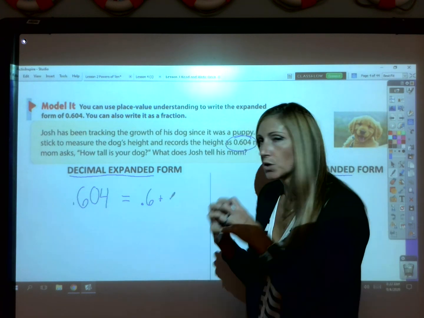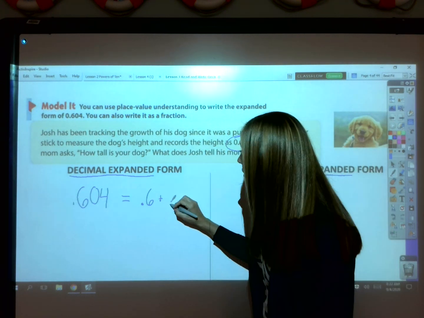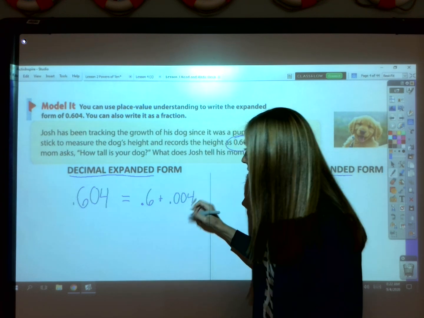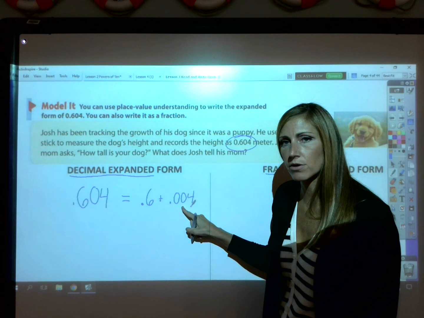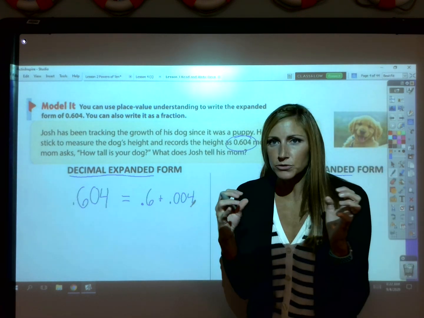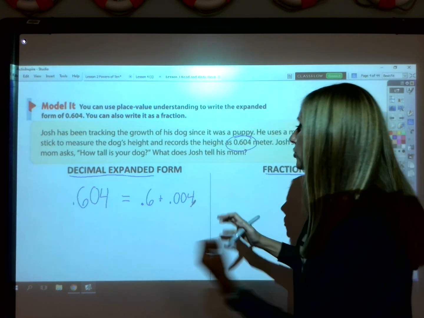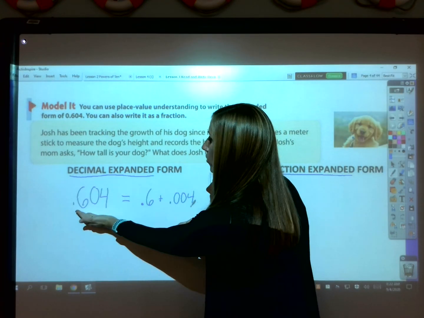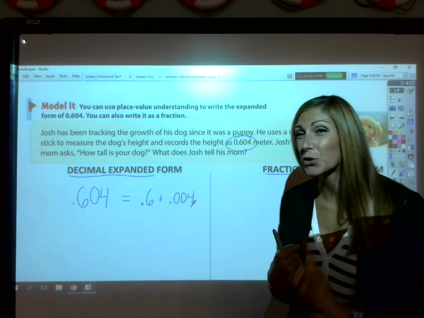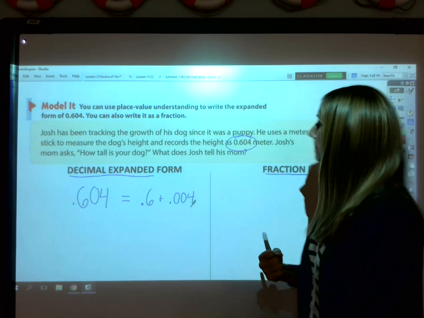So I'm going to expand that and show the 4 is in the thousandths place, so I have to put placeholder zeros to show where it actually is. So I expanded that number a little bit, and if I put it back together, it would equal 604 thousandths.